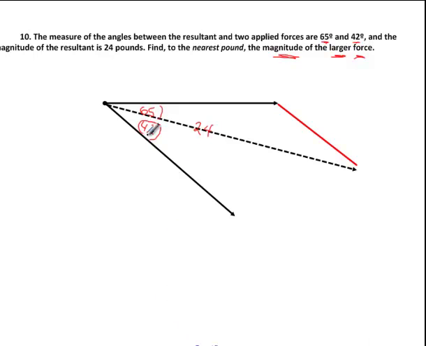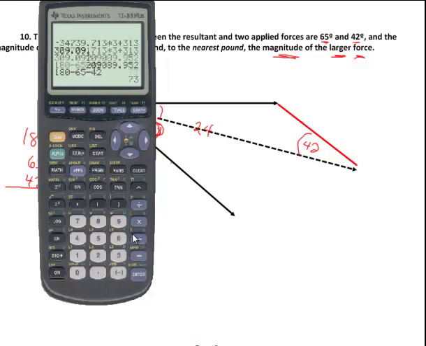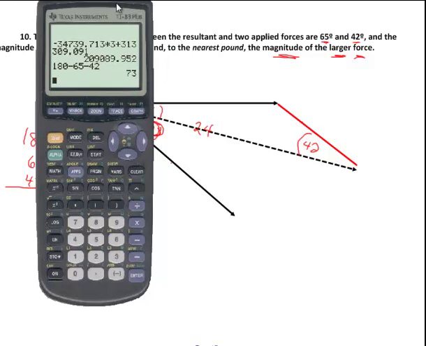So if this is 42, we know this is 42 because these are parallel, and that makes my Z. Well, just for the heck of it, 180 minus 65 minus 42 will tell me how big that other angle is. So 180 minus 65 minus 42 tells me that third angle is 73. Okay.